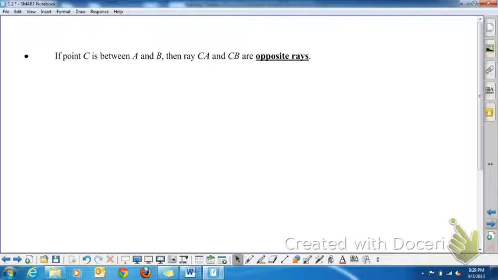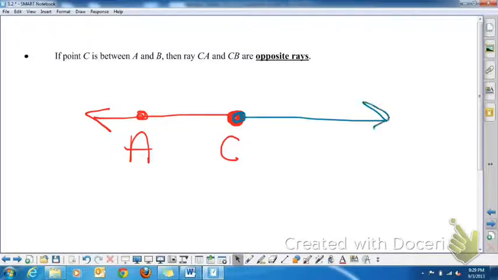Opposite rays are two rays that share an endpoint and form a straight line. So in this situation, if I have this ray CA and this ray CB, I have two rays, ray CA and ray CB.